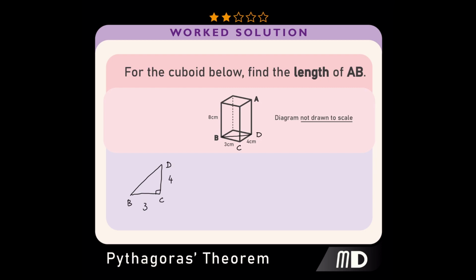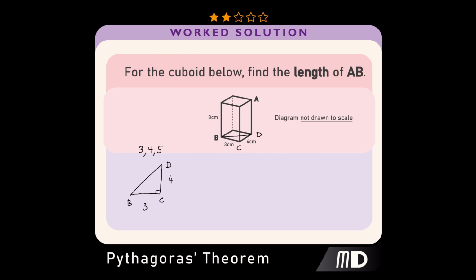Now, if I recognize that this is a 3, 4, 5 triangle, I already know that the hypotenuse is going to be 5. But I'm going to assume that I didn't recognize it was a 3, 4, 5 triangle. So I'm going to go ahead and use Pythagoras' theorem to calculate the hypotenuse anyway.